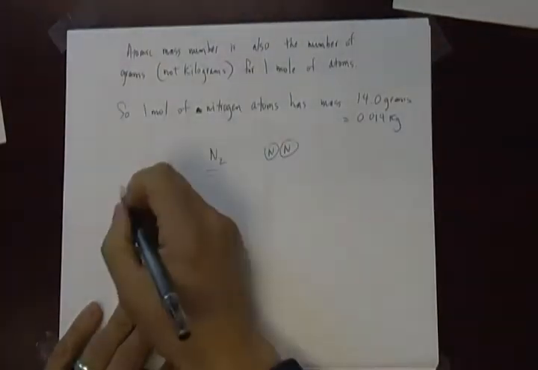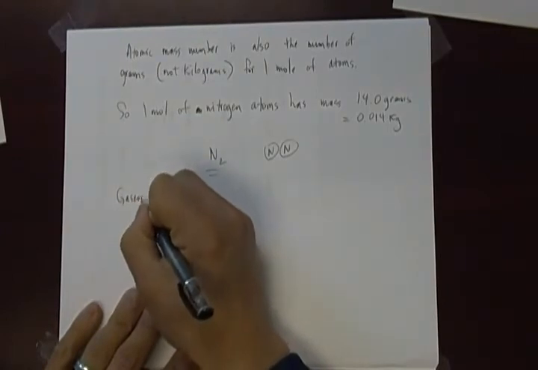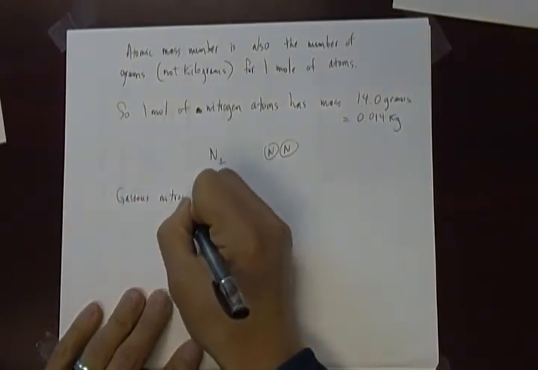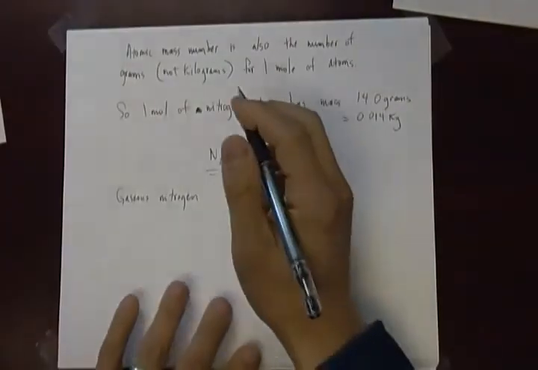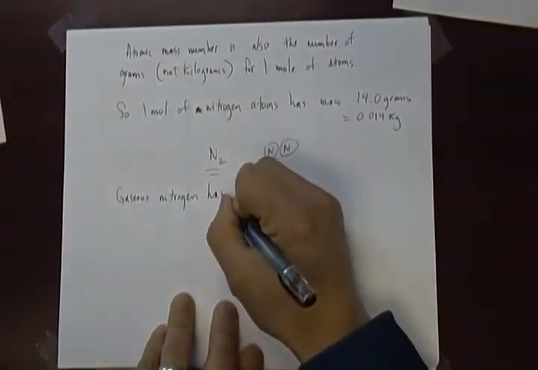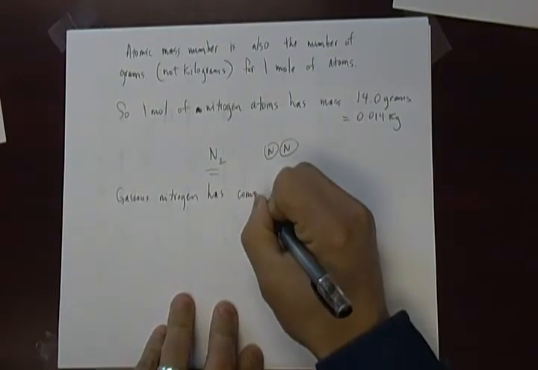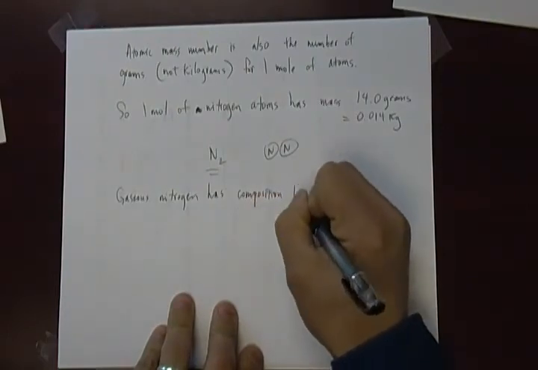So gaseous nitrogen, by the way, nitrogen gas is the most prevalent element in air, and gaseous nitrogen has molecular composition N2.